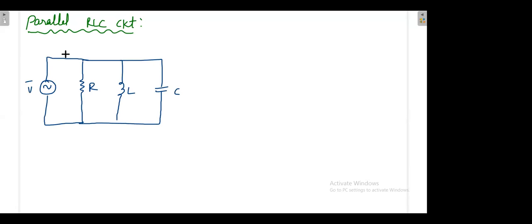This is the total current drawn from the source supply, that is I bar, and this is the current across the resistance IR, current across the inductor IL, current across the capacitance IC. Now the voltage is constant across all the elements, so V bar is equal to VR bar, which is equal to VL bar, which is equal to VC bar.